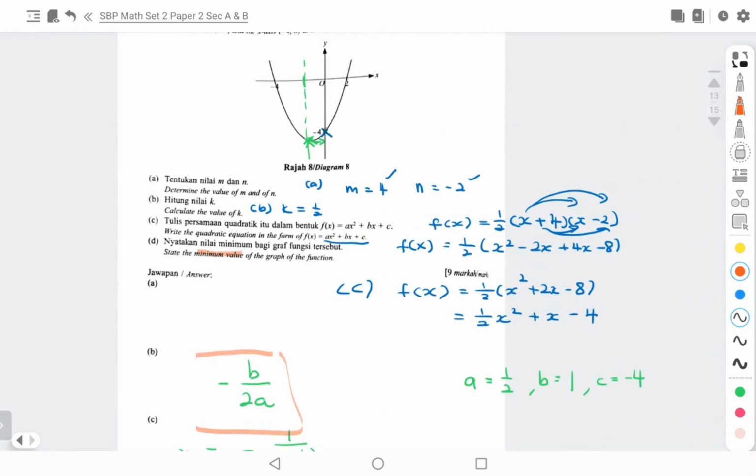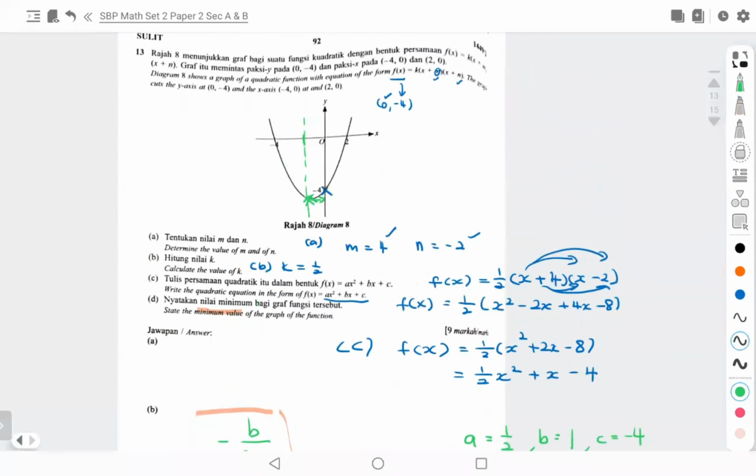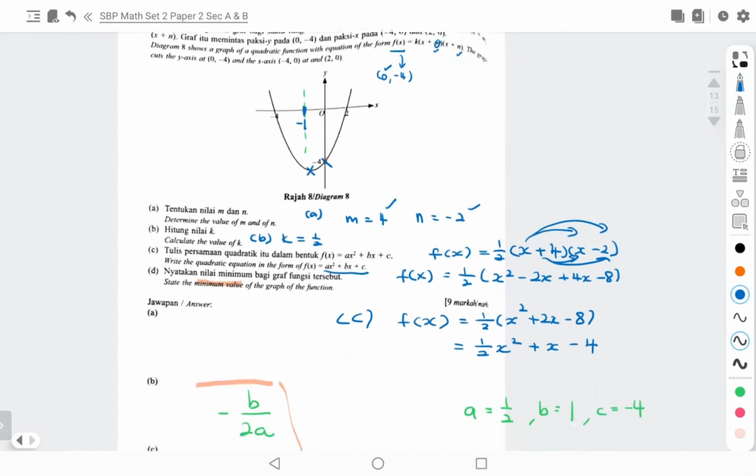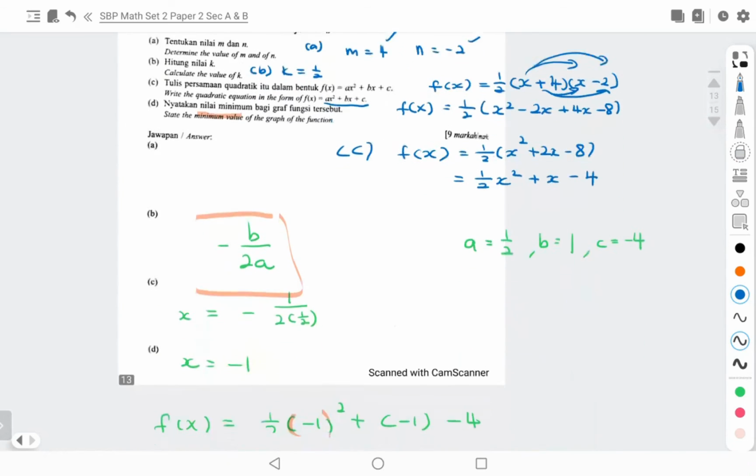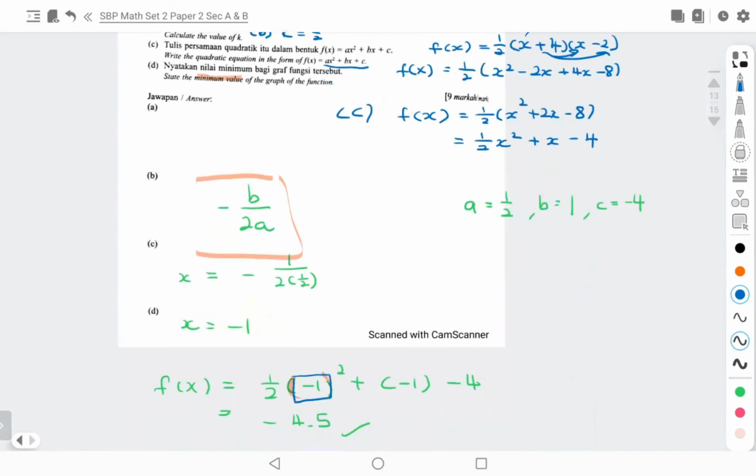So once you got the symmetry equation, meaning the value x here, let me just plot. The minimum point here, the x here is -1. Because of finding the minimum value, meaning the y coordinate, you have to substitute x equal to -1 and find back the fx, which refers to the y coordinate.